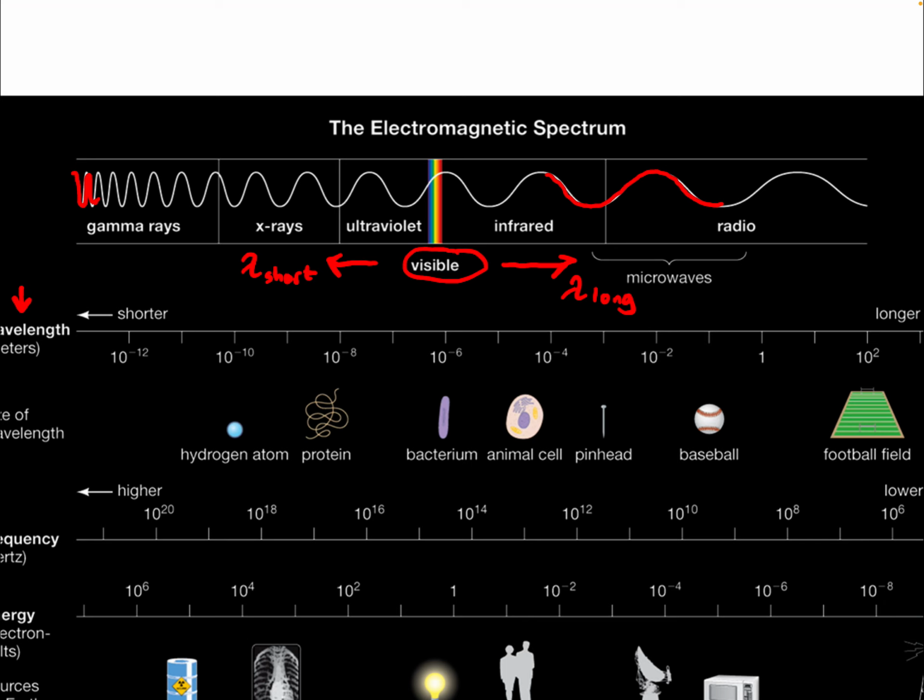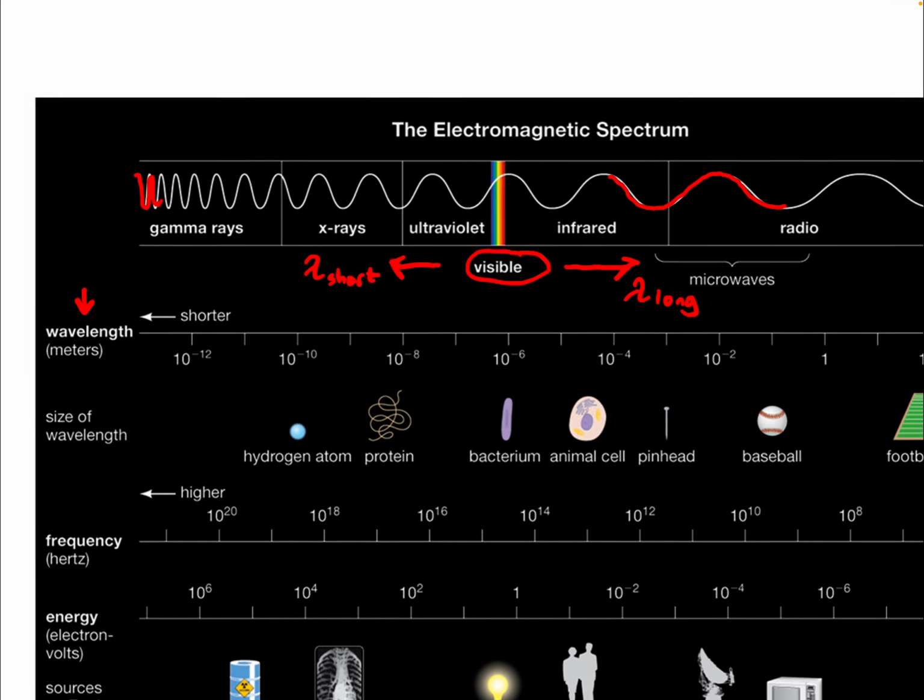That means that ultraviolet light is short wavelength light. X-rays are even shorter. Gamma rays are the shortest of all. On the other side, infrared is longer wavelength light, and microwaves are longer still, and past microwaves are plain old radio waves, which get really long and are the longest.